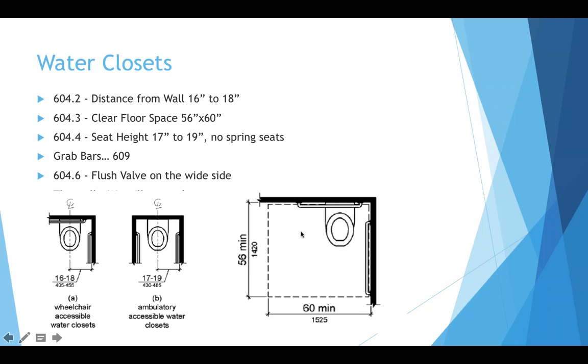Basically, you get off the water closet and you're back in your wheelchair in this clear floor space. That's why they put the flush valve on this side. You can't reach it when it's over on the inside corner of the stall. So always remember in your drawings, either in the elevation or in plan, to note where you want your flush valve.